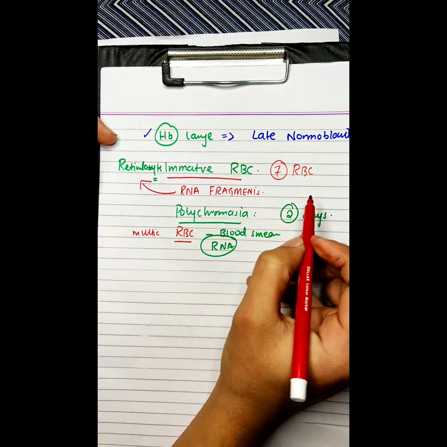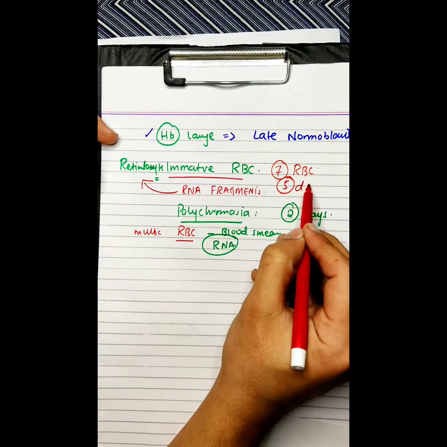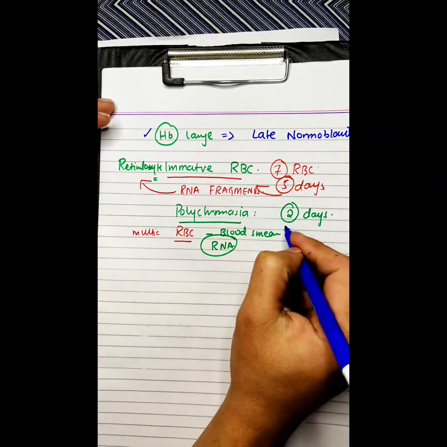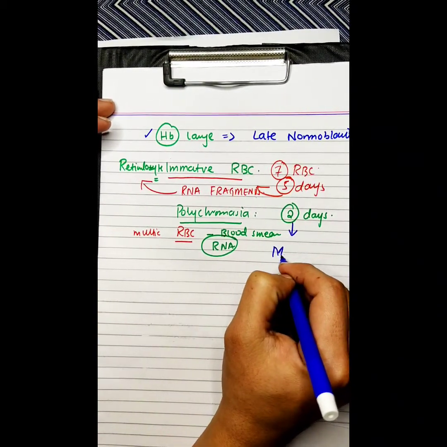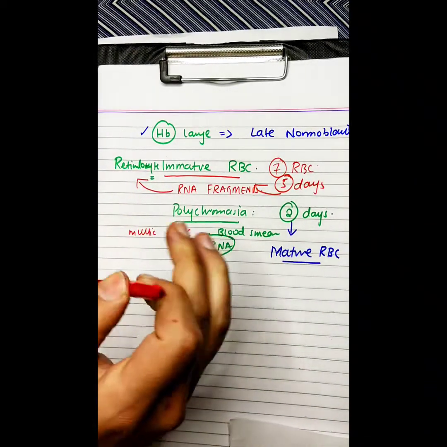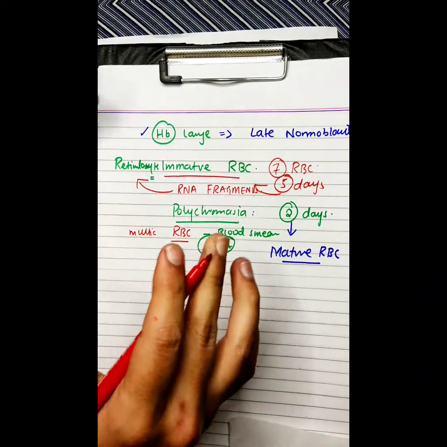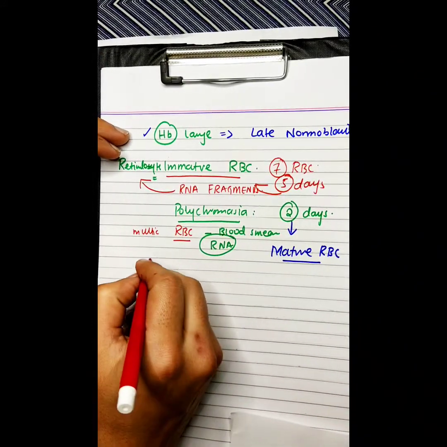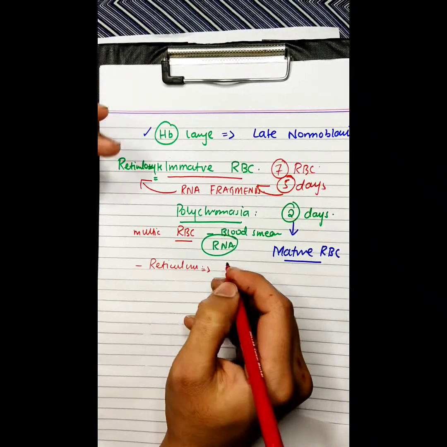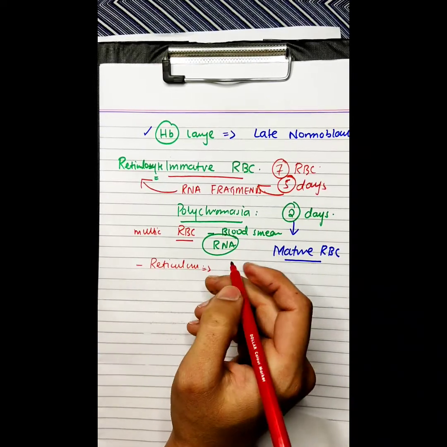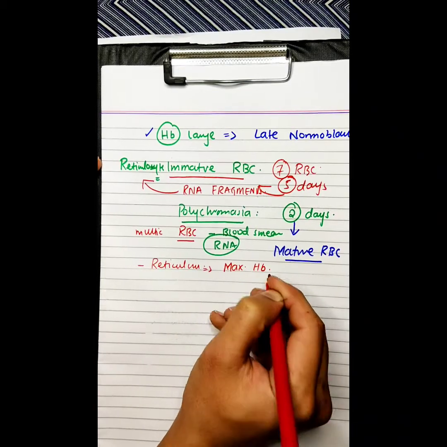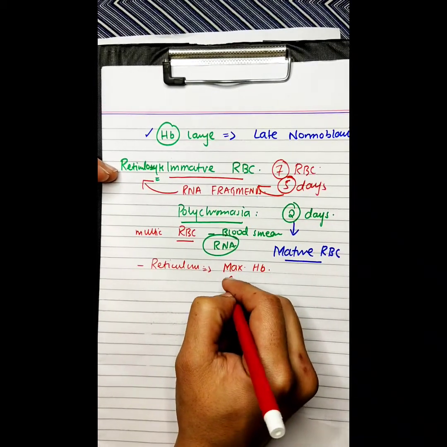In 5 days the reticulocyte is formed, so you need 2 more days to form the mature RBC. In the reticulocyte stage, you have reticulum formed, which is RNA fragments. Again and again I am repeating it so that you can learn it by heart. And you have maximum hemoglobin concentration present.